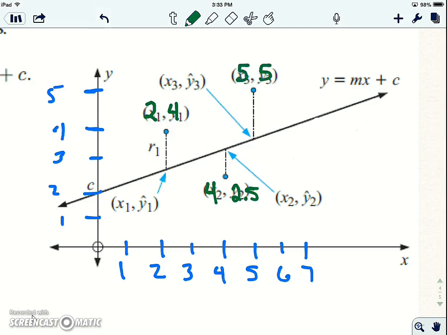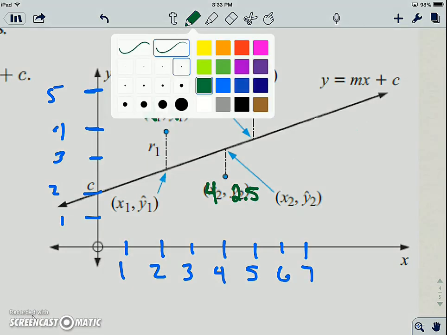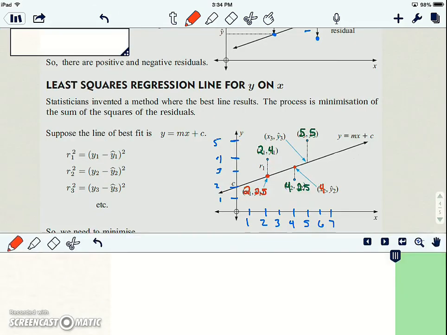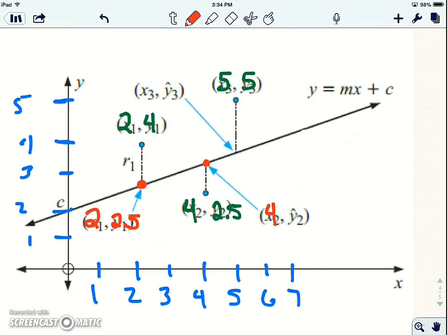Okay, and so then we have the line of best fit going through it, and we have the points that are on the line. Well, they're going to have the same x, right? It's still over 2, but it's up a different amount. In this case, it's over 2 and up 2.5. In this case, of course, it's still over 4, we're talking about this point over at 4, and it is up 3.